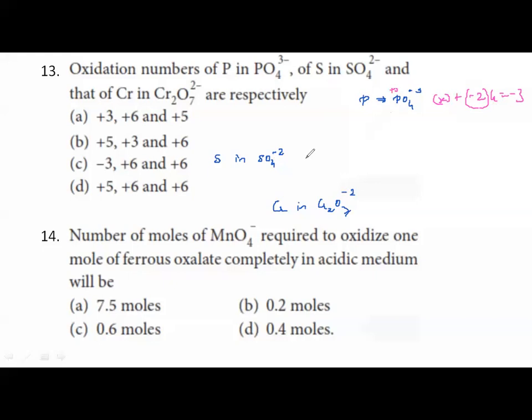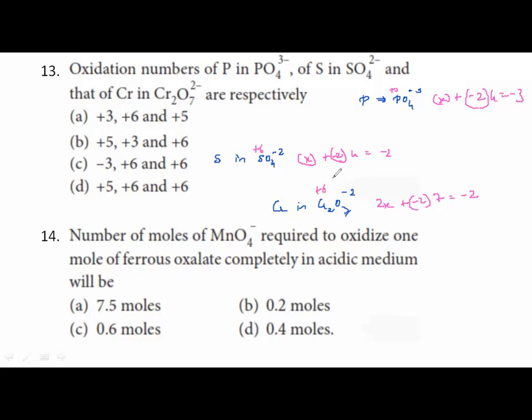Okay, sulfur. X plus minus 2 into 4 is equal to minus 2. So 4 twos are 8. 8 minus 2 is 6. So sulfur is plus 6. Chromium, it is 2x, because x into 2 plus minus 2 into 7 is equal to minus 2. 14 minus 2 is 12. X is 12 by 2. It is plus 6.